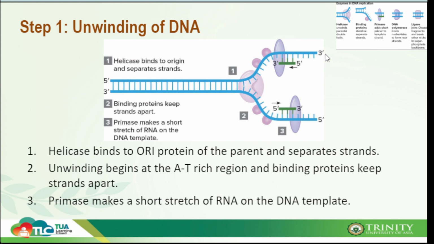So ang DNA synthesis will occur from 5' to 3'. So basically, magsisimula siya dito sa pinakauna. Kasi ang complement ng 3' ay 5', di ba? So from 5', it will now create a new strand which is 5' to 3'. Para opposite siya nito. Okay?